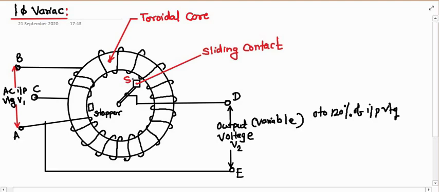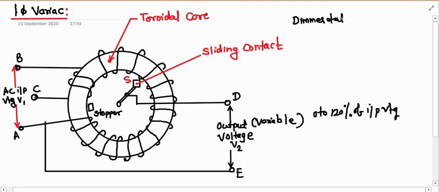This is a sliding contact S, which continuously moves along the surface of the winding, so the output voltage will vary. Such variacs are many times used for dimming the lights in theaters. Hence, such auto transformers are also called dimmerstats.